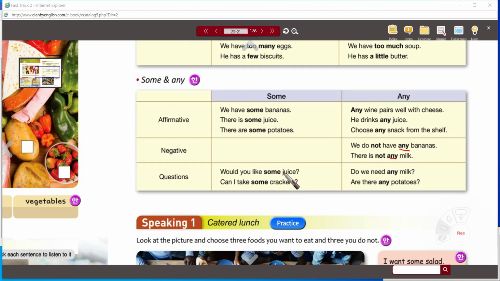With questions, do you need any milk? Are there any potatoes? Okay, so you're again asking if this is something you need. This is more of a quantifying question. Are there any potatoes? 1, 2, 3? No? Okay. So that's what you're trying to find out.